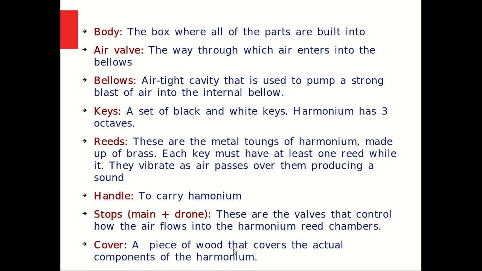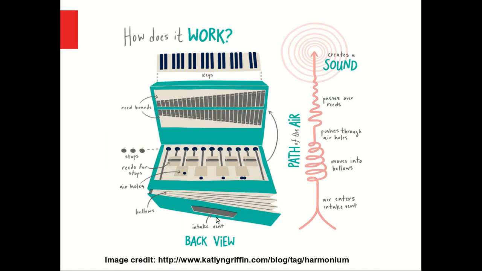These are the rest of the things that we have already discussed in the structure of the harmonium. So I hope you got a general view of how sound is produced inside wind instruments like the flute, clarinet, and harmonium.